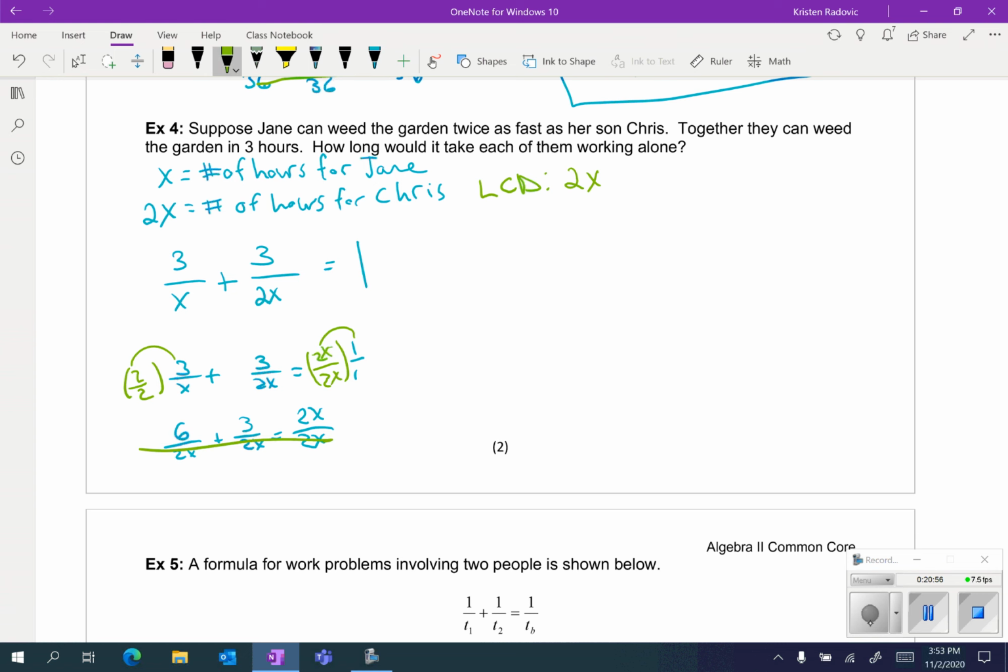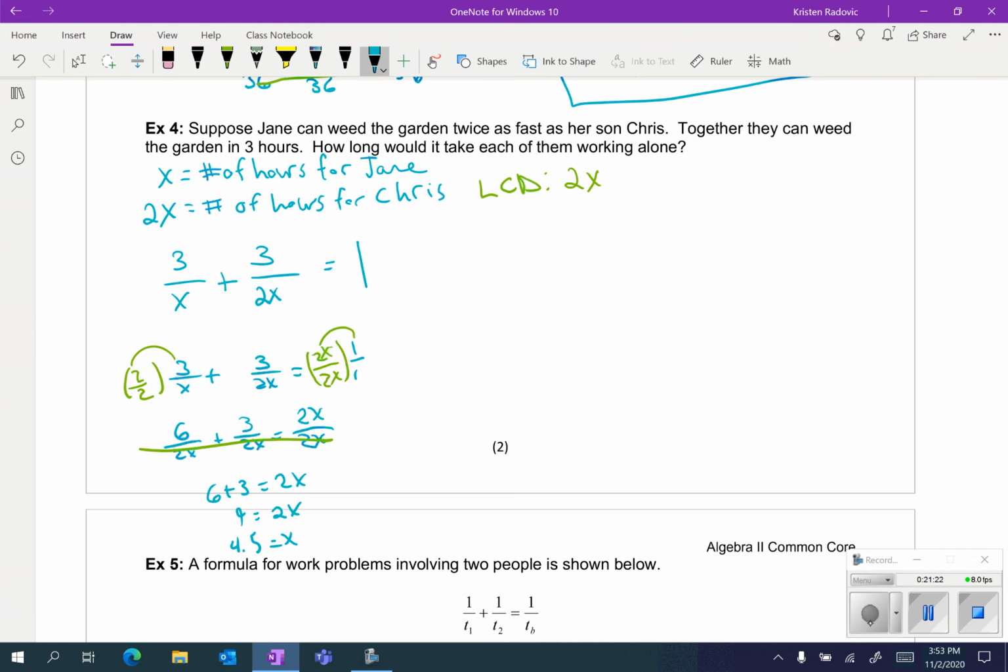We're going to cross out the denominators and solve this very simple equation left over. 6 plus 3 is equal to 2x, so 9 is equal to 2x, which means that x is equal to 4.5. You are not done. Yes, x is equal to 4.5, but they asked for how long it will take for each of them to do it.